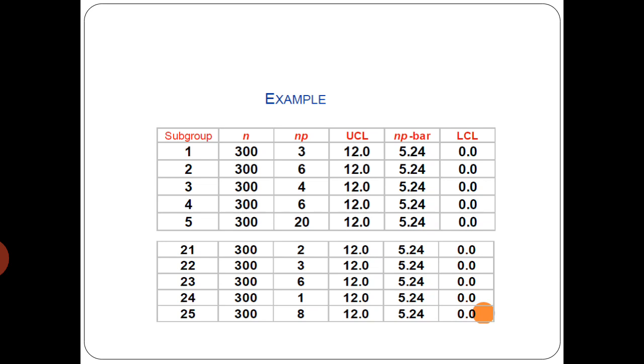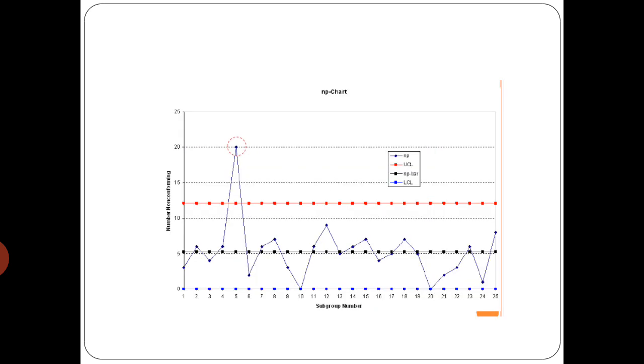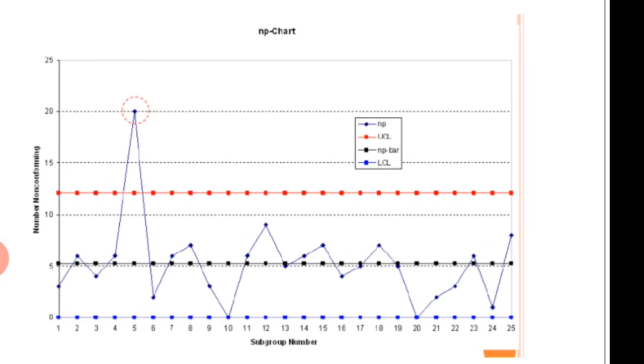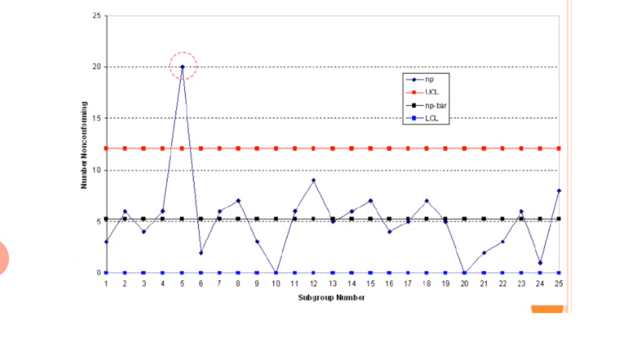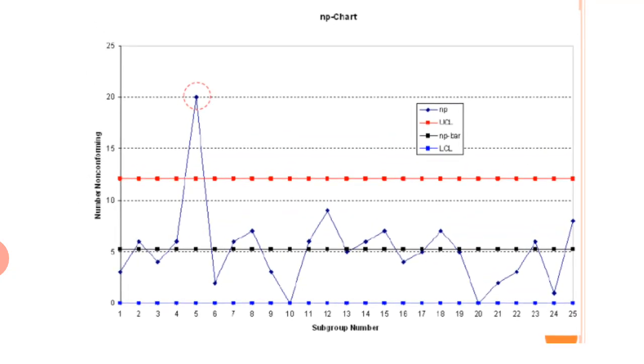See, when we plot the graph with the formula, for each one we will get the upper control limit and the lower control limit. X-axis represents subgroup number, from 1 to 25. Then y-axis is the number non-conforming, where you have to draw the upper and lower control limits.